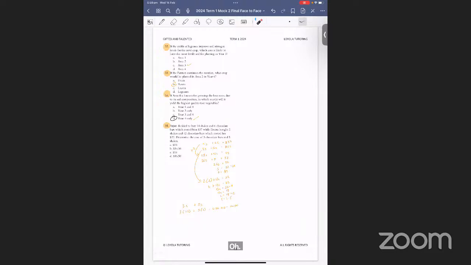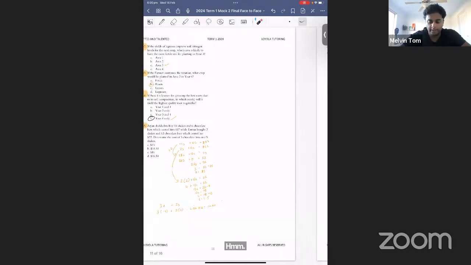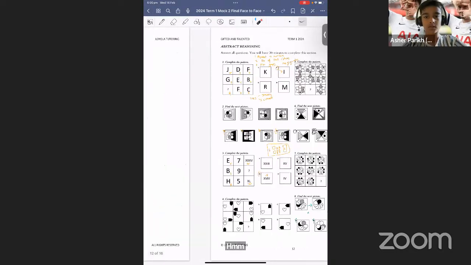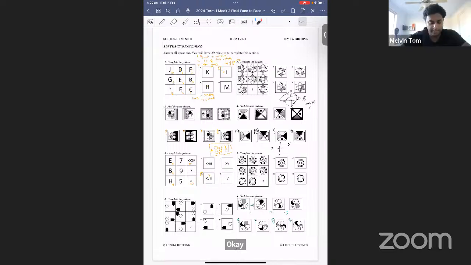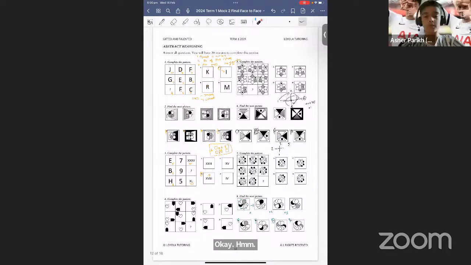Can we do question 28, abstract reasoning? I won't take questions over the microphone. All right. So here's page 1 of abstract reasoning. Thank you.